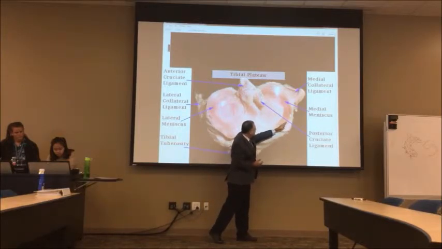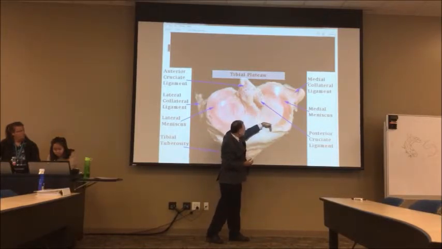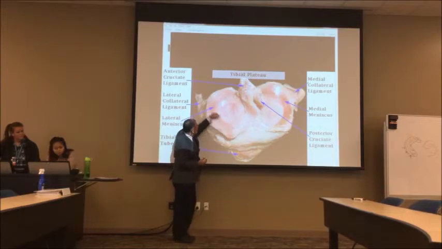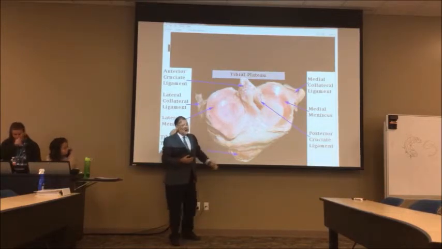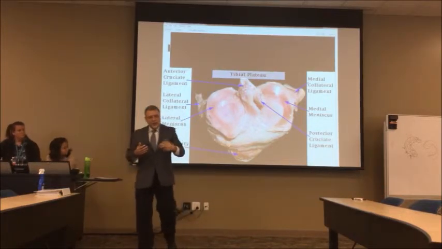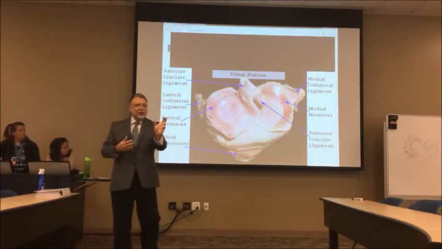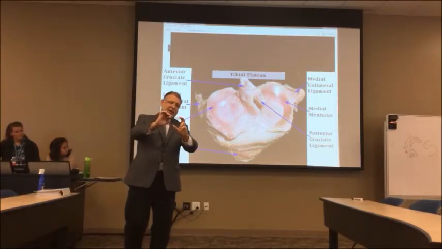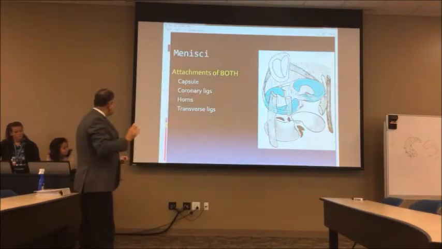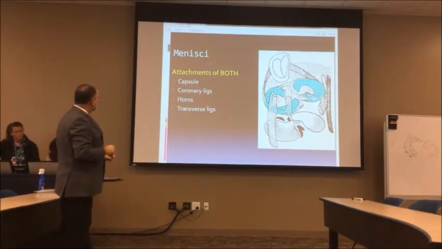The shape of the medial meniscus is more open, like a C. This is a little closer, like a ring. So the medial side is always a little bit open. The lateral side is a little bit closed in this matter.